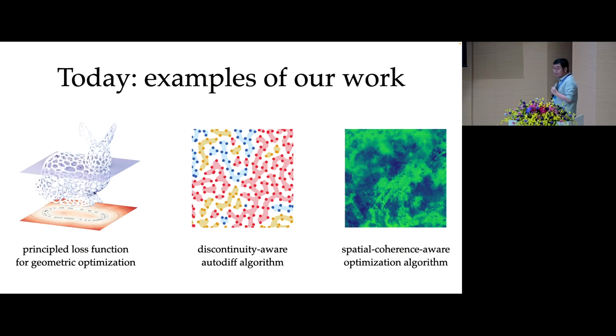So today, I'm just going to give you a few examples of our work that hopefully will fit into the pipeline I just talked about. There will be a principled loss function you can use for geometry optimization. There will be an automatic differentiation algorithm that is aware of discontinuities. And there will be an optimization algorithm that is aware of spatial coherence.